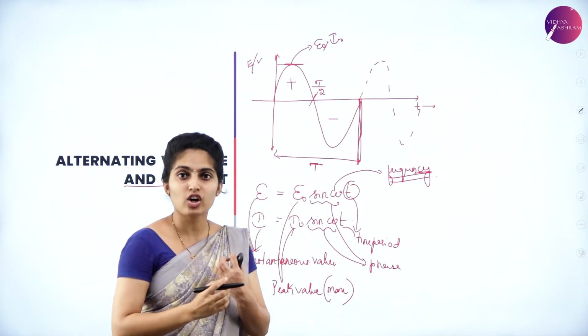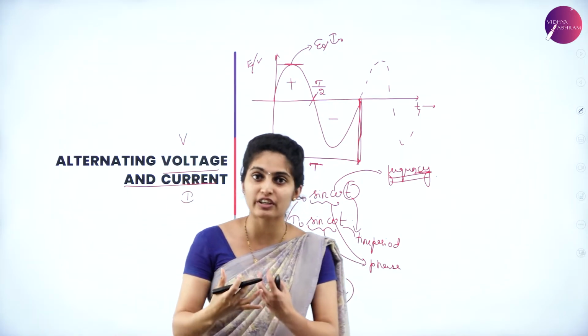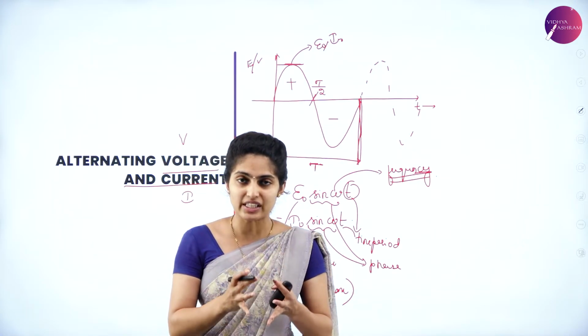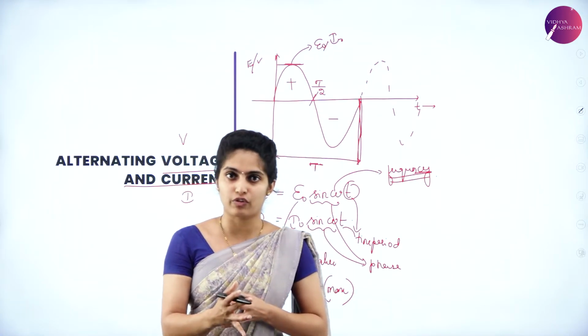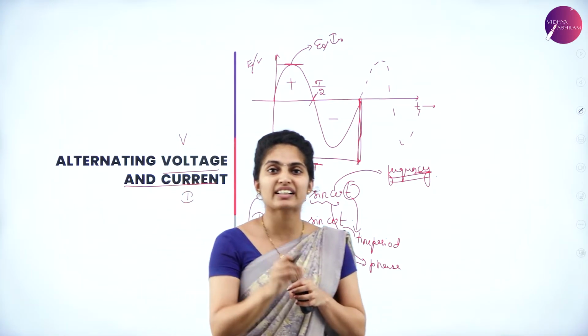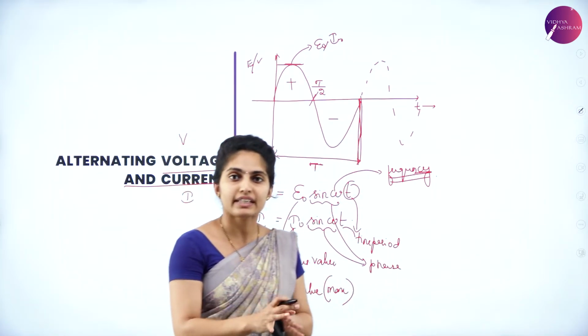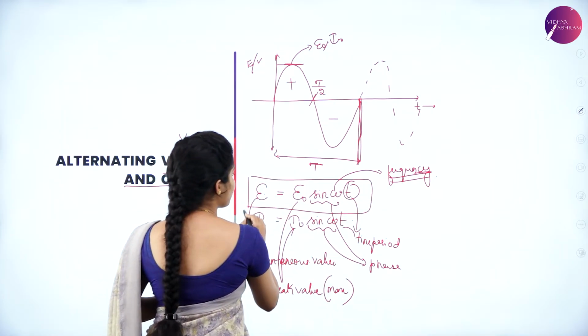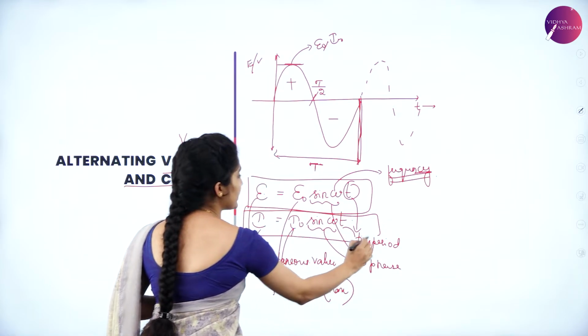The sine omega t or cos omega t gives the phase of the graphical representation, which means it resembles the direction of it. And t means time period. At a certain interval of time, how exactly the current is flowing is given by the time period. So these two equations you will have to remember in case of alternating current.